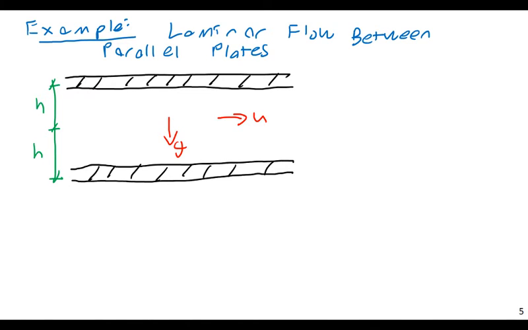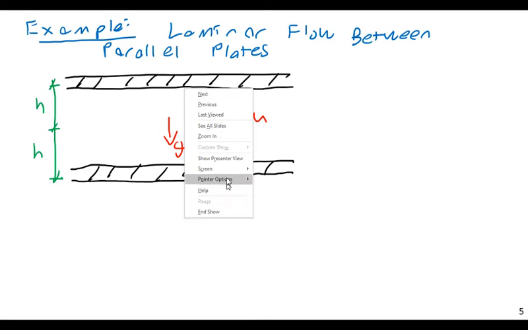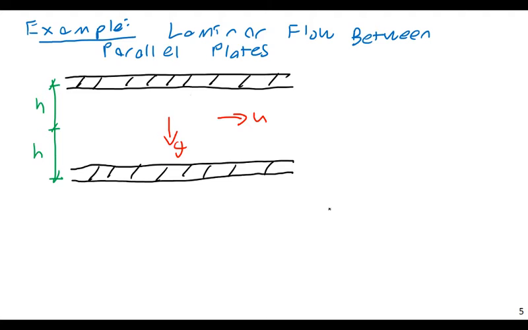In many of the problems you'll see in the textbook, what I introduced to you a bit before is the full Navier-Stokes equation, and in the full form the equations can be quite long and complex.